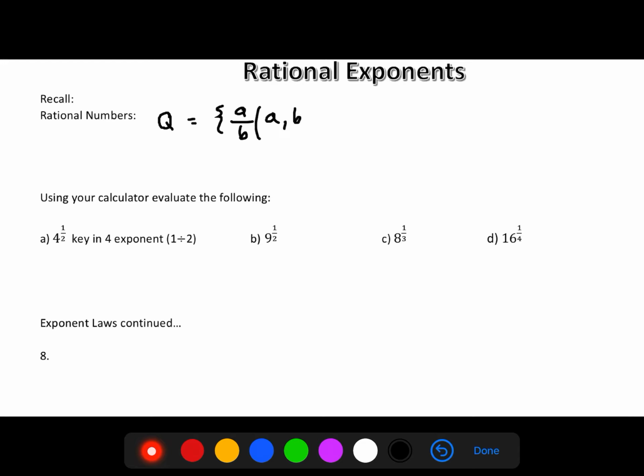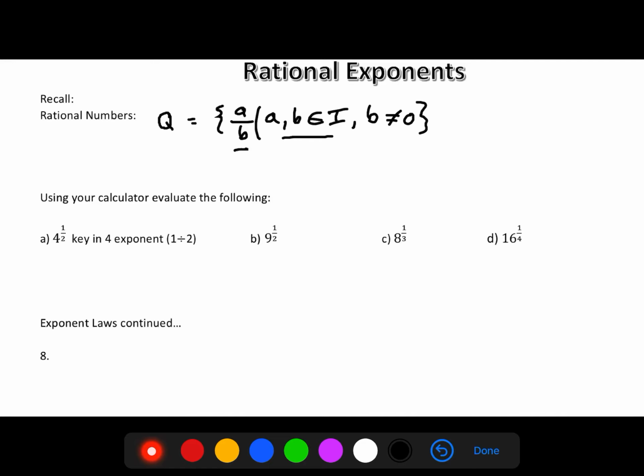Now remember rational numbers. Our set of rational numbers looked like a over b, where a and b are integers, so no fractions or decimals within the fraction, and where b was not equal to 0.